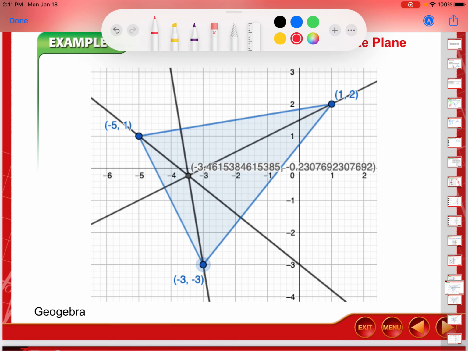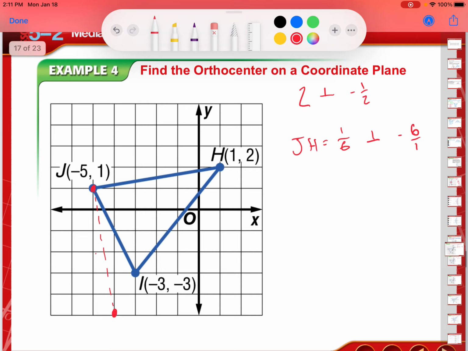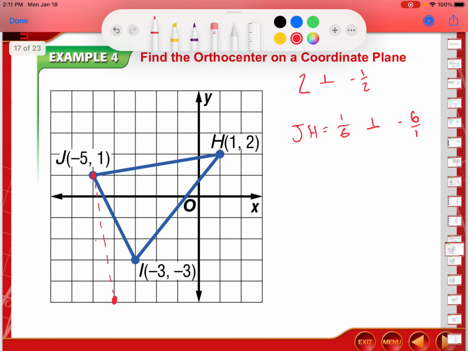Down 6, so up 6. Yes, okay. Confusion. So I would go down 6 and over 1 from this point, or up 6, left 1.